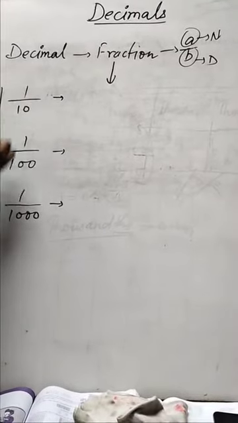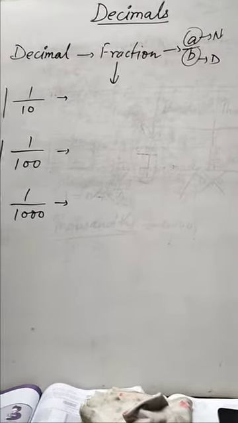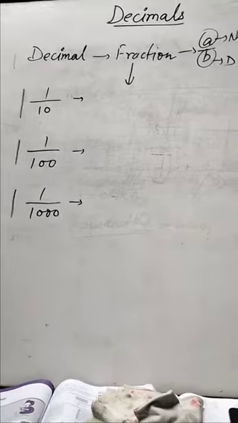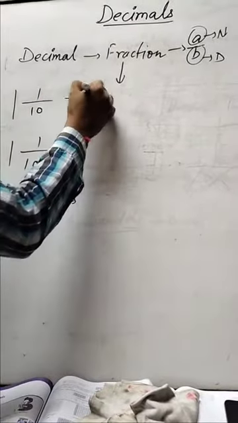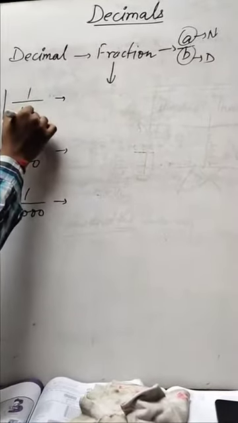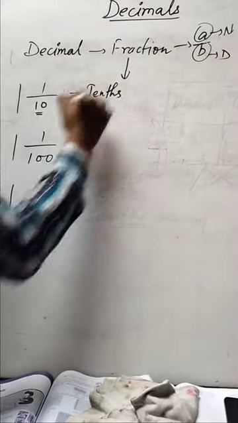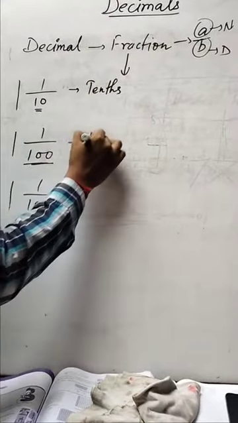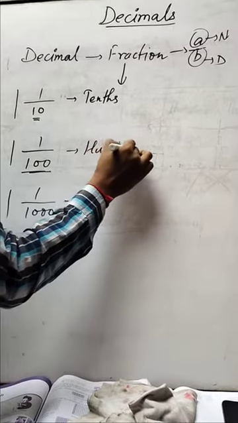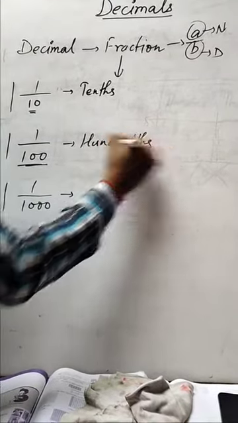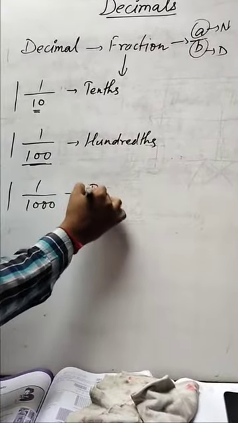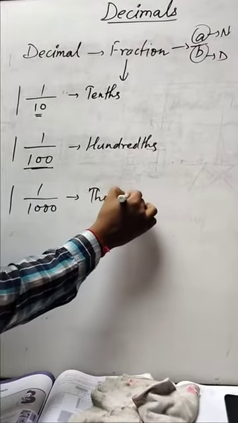These numbers are smaller than the ones place. Okay, so these numbers have a special value, because it is ten times smaller, so this number has the name tenths. This is 100 times smaller, so it is called hundredths. This is 1000 times smaller, so it will be thousandths.